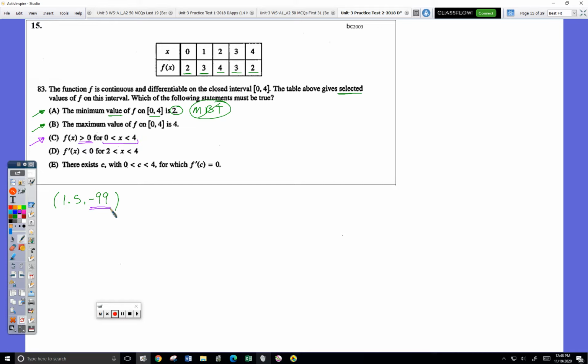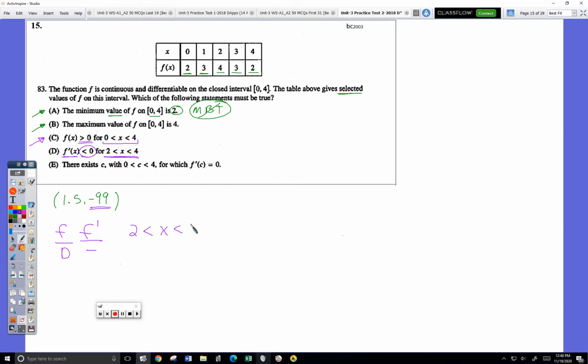D says the tangent slope of f between 2 and 4 always has to be negative. Well, Danica's chart would tell me that if the tangent slope is always negative, then f must be going down between x equal 2 and x equal 4.